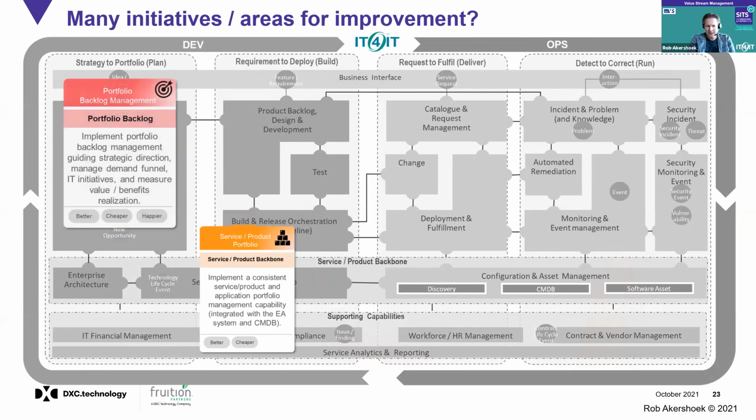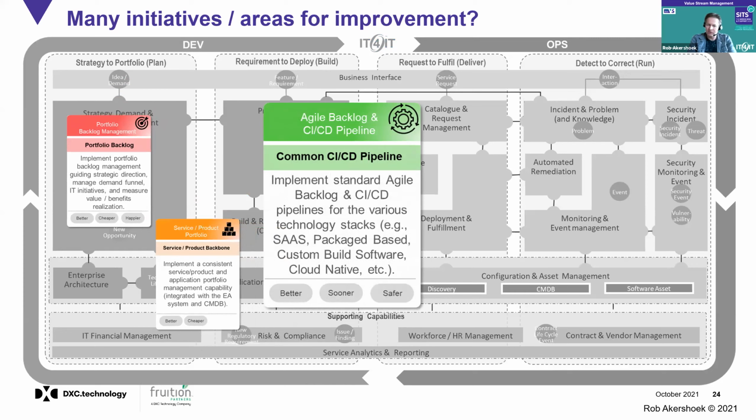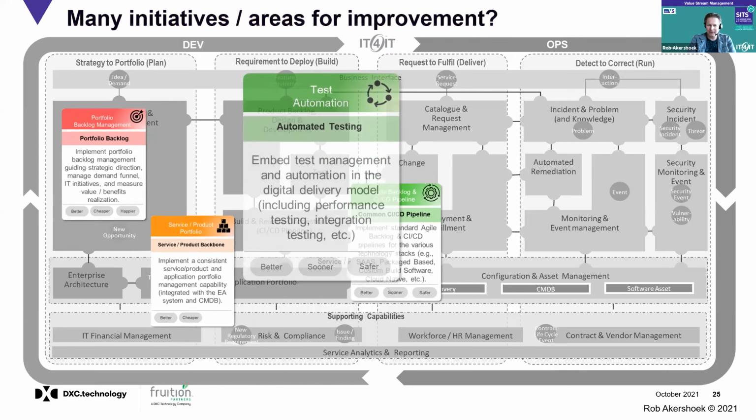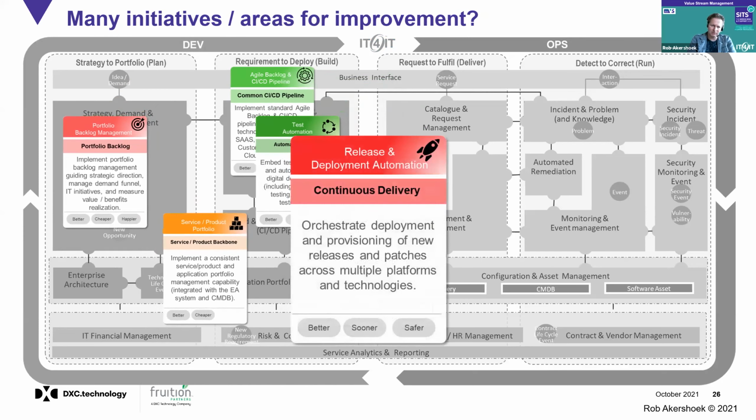So there is a separate initiative for portfolio management. Of course, we want to implement portfolio backlog in a more agile way. So we start to invest in a capability to do portfolio backlog management. We want to improve the CI/CD pipeline. So we start with a small initiative and implement the CI/CD pipeline. We want to improve our test automation. So we start investing in test automation.